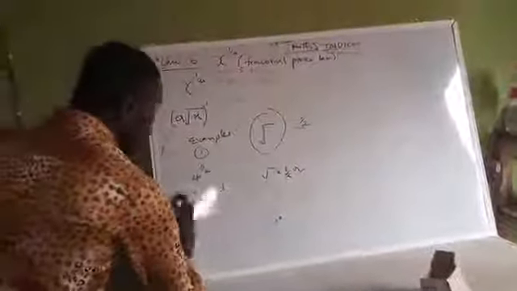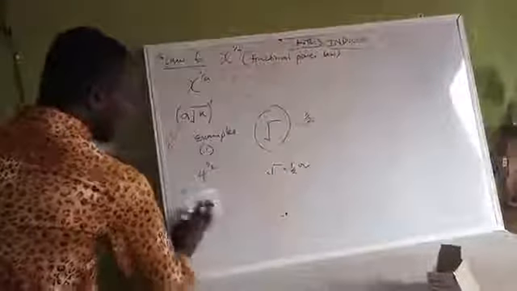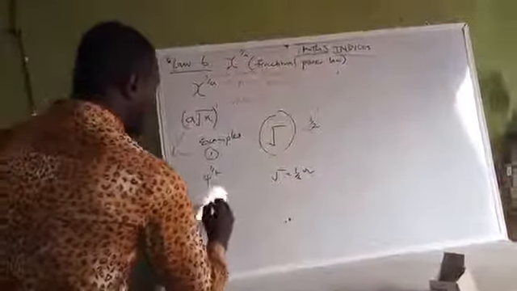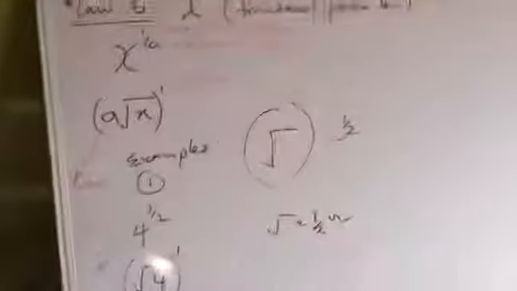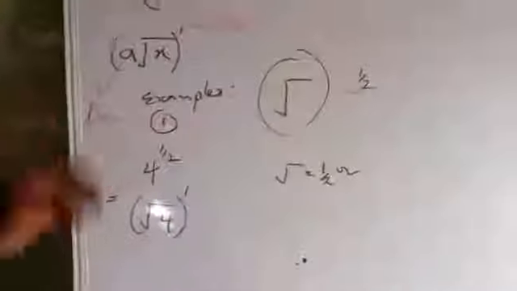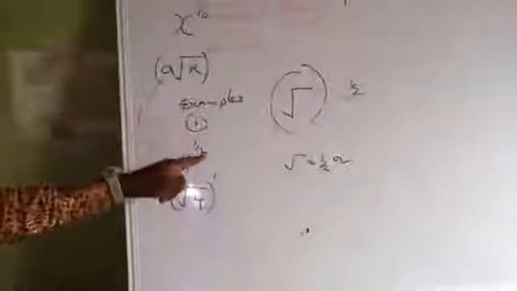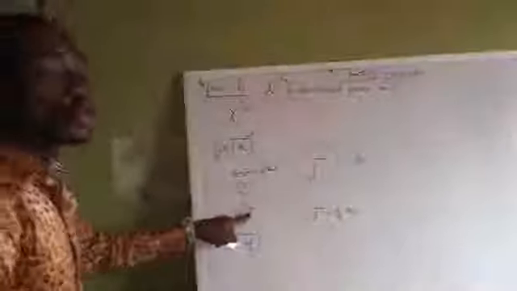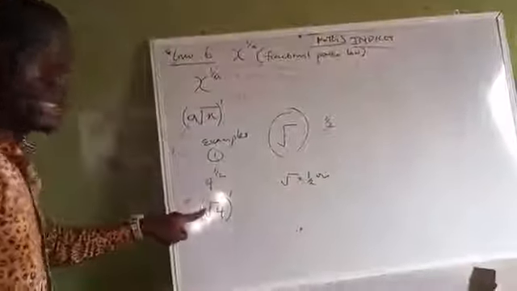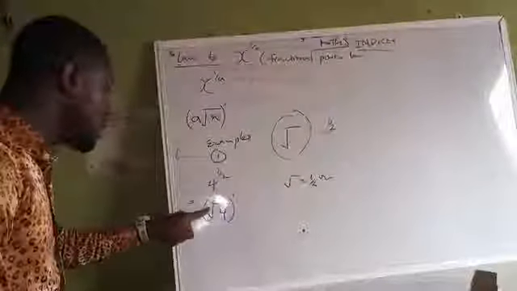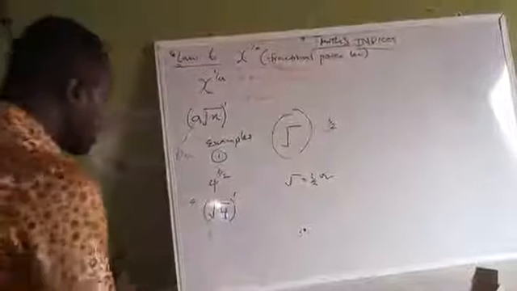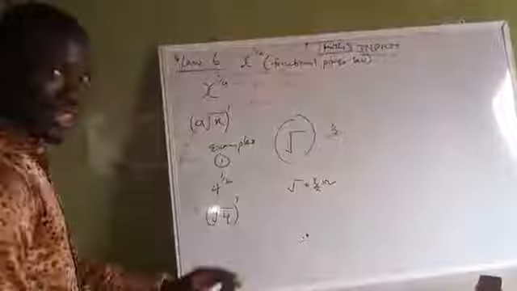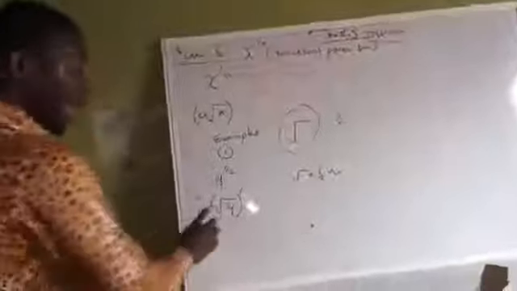So if I want to write this mathematically, I will write root 4 power of 1. Why am I doing this? Why is it that I didn't put the denominator of 2 here? The reason why I didn't put it here is because this root is 2 already. So no need for you to put 2 here. Am I communicating now? Good.